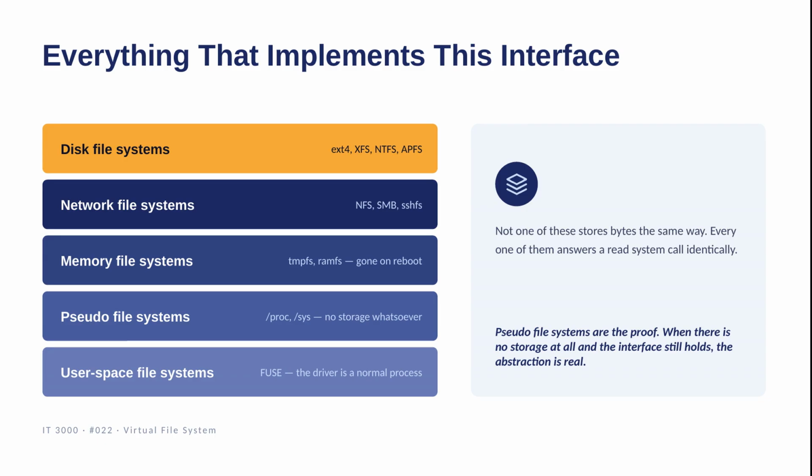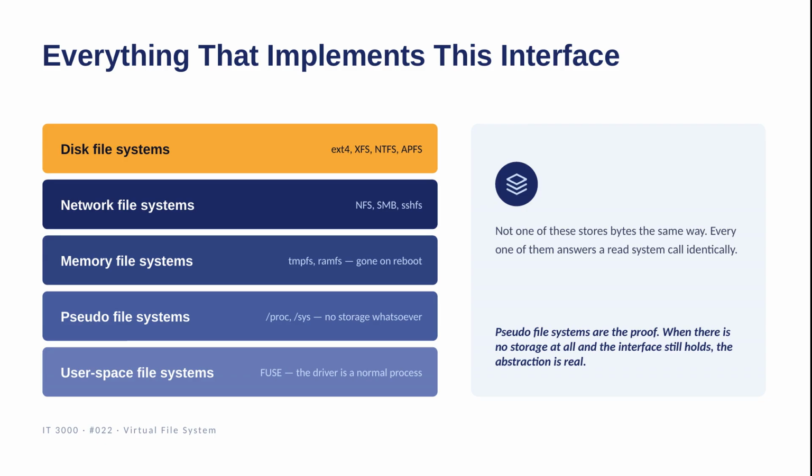Memory-only file systems like tmpfs, which vanish on reboot. Pseudo file systems like /proc and /sys, which store nothing at all. They synthesize their contents on the fly. And FUSE, where the driver isn't even in the kernel. It's a normal user space process. None of them store bytes the same way, yet every one of them answers read identically.